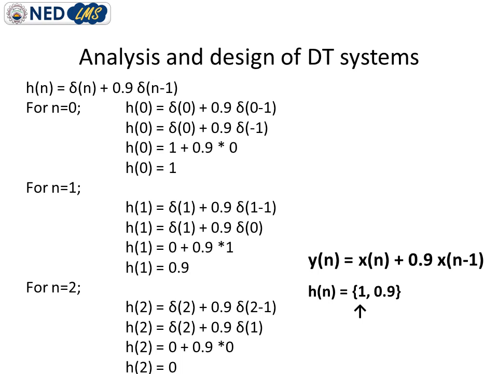But the important thing is you can see that delta of 0 is 1, because we know that at time instant n is equal to 0, this function exists and its magnitude is 1. So we simply place delta of 0 is equal to 1. So after simplifying, we will get impulse response at n is equal to 0 is equal to 1.